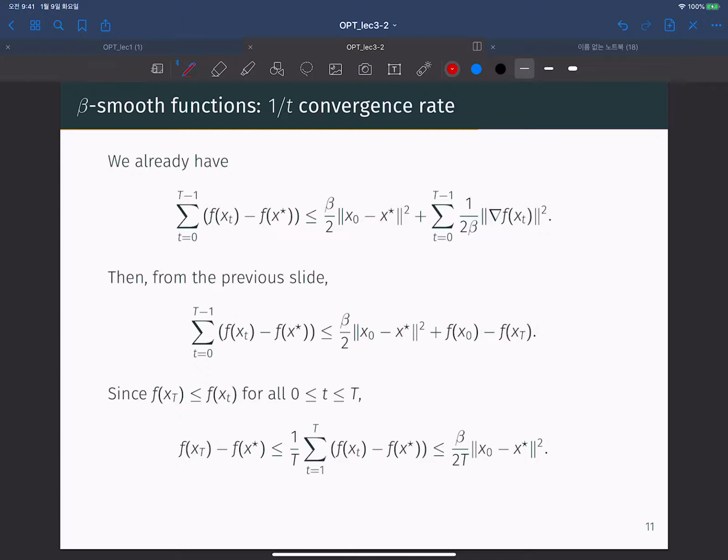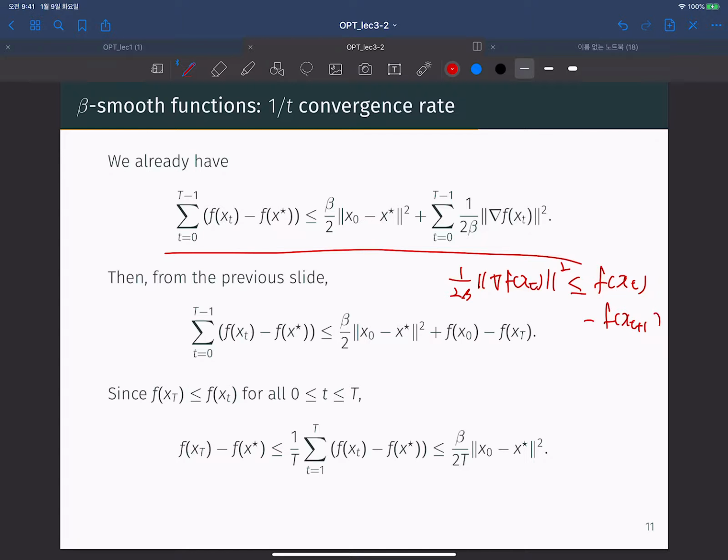And we already have this from the vanilla analysis. And from the previous slide, we also have the upper bound of 1/2 beta times the gradient of f(x_t) normed square. So we essentially know that 1/2 beta times the gradient of f(x_t) normed square is upper bounded by f(x_t) minus f(x_{t+1}).